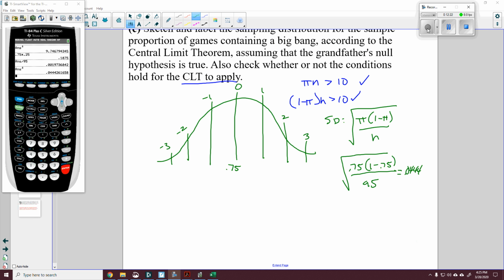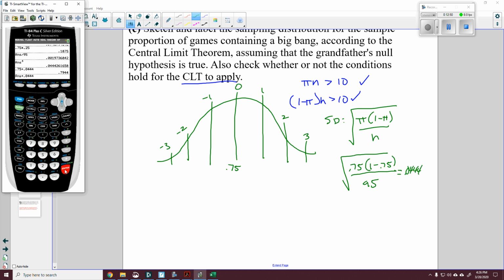And I like to do this with the actual standard deviation numbers instead of like 5s or 10s because it makes it a lot easier to see here. So I'm going to take my mean, which is 0.75, and I'm going to add 0.0444. And I like to do it 3 times in a row so I can get 1, 2, and 3.